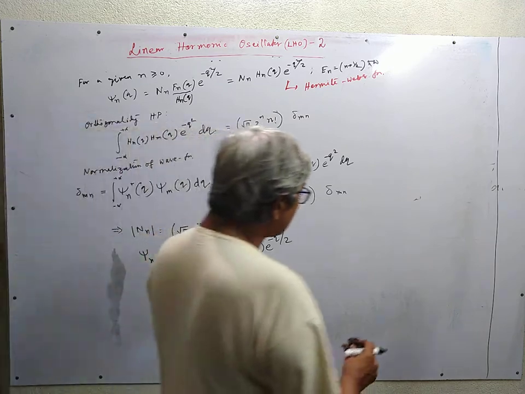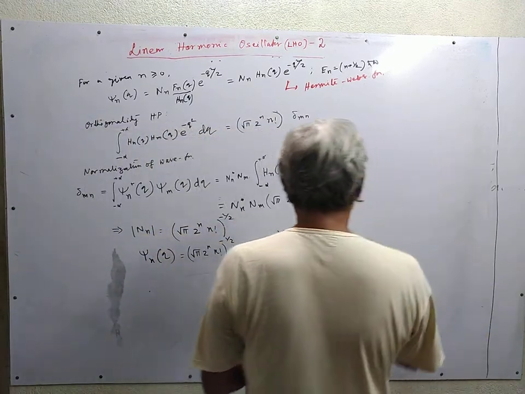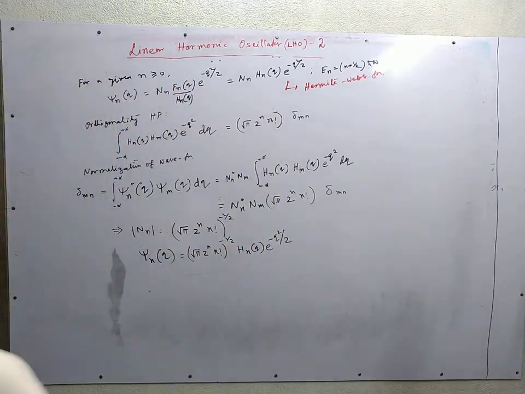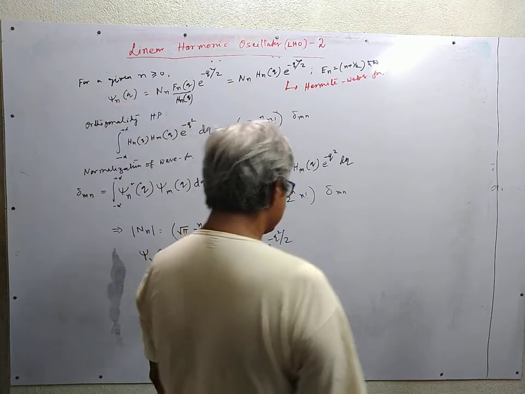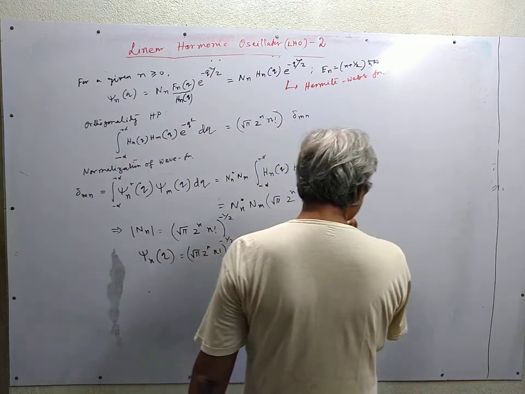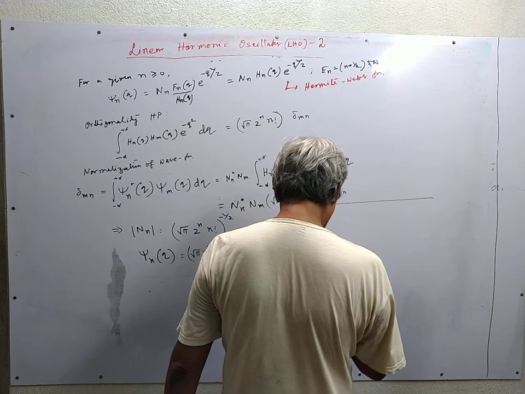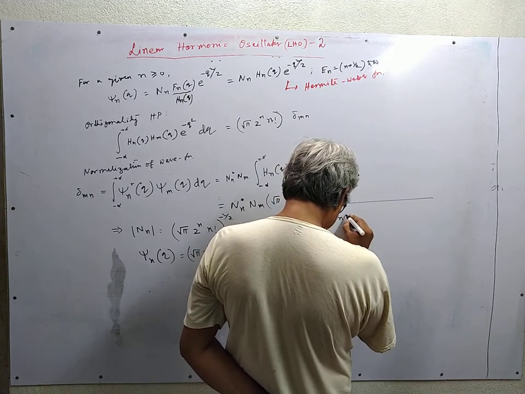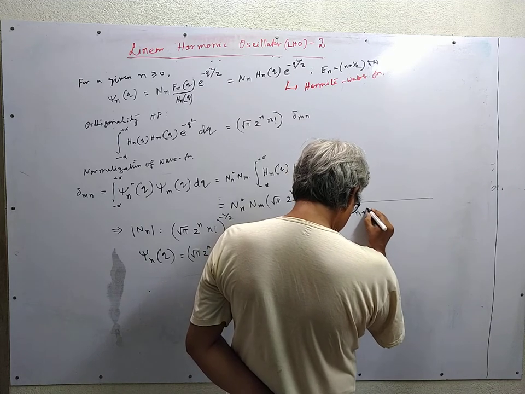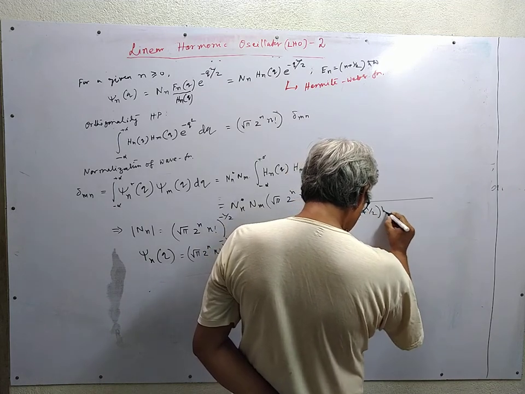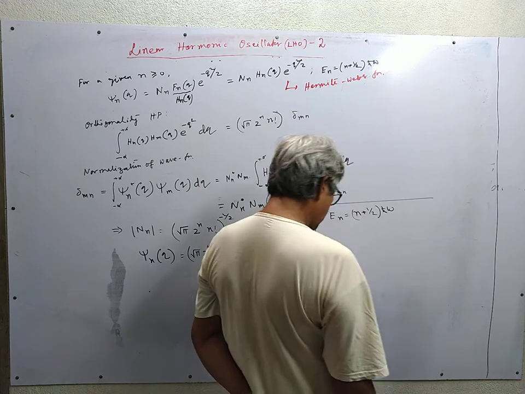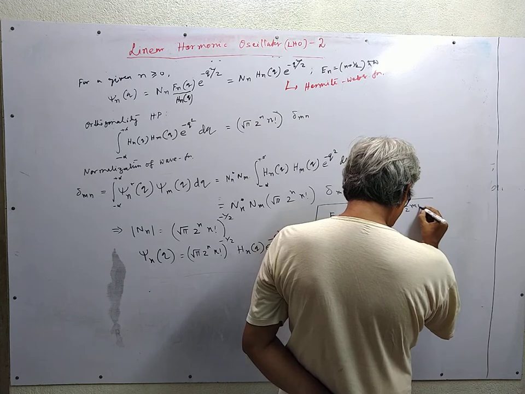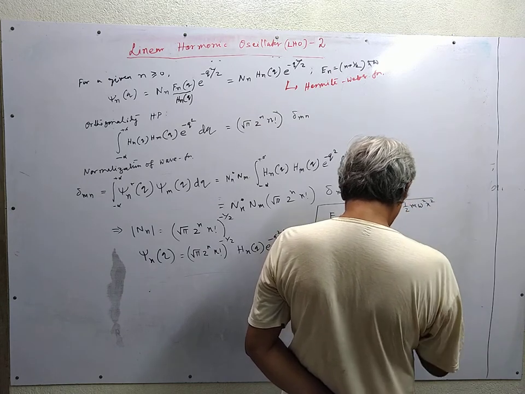We know that a classical oscillator oscillates between plus and minus X n, the amplitude. So we have for E n, n plus half h cross omega, and this is equal to half m omega square X square.